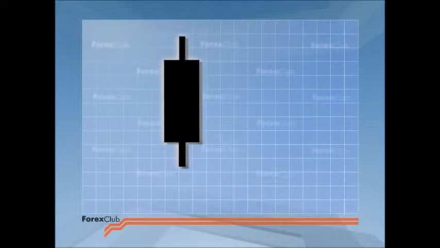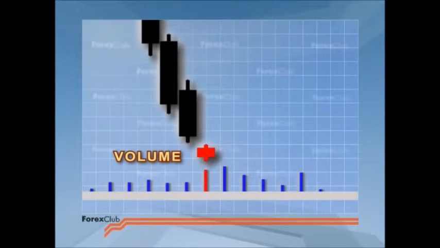The long black body means that the price is falling, the bears are feeling good. The small real body of the next period tells us that the downward thrust in price has become destabilized, leading to uncertainty and indecision. A sudden burst of volume accompanying this second candle confirms the power of the star.